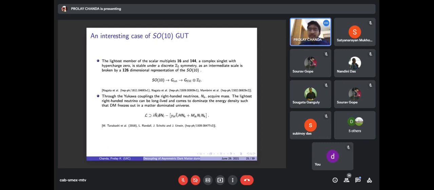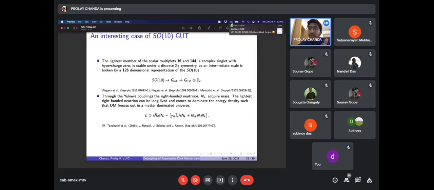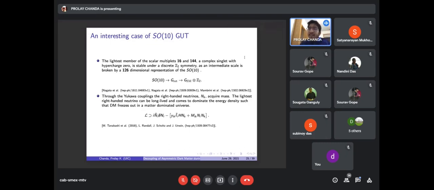The lightest one acquires mass, starts to dominate the energy density, and then it decays. But in between, during that matter dominated phase, the lightest dark matter under the 16 and 144 scalar multiplet will freeze out and produce the dark matter relic density as we observe today.